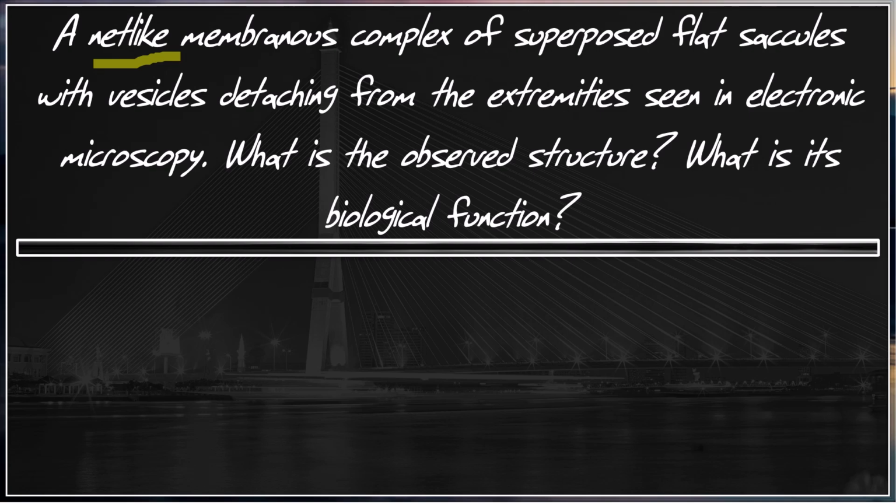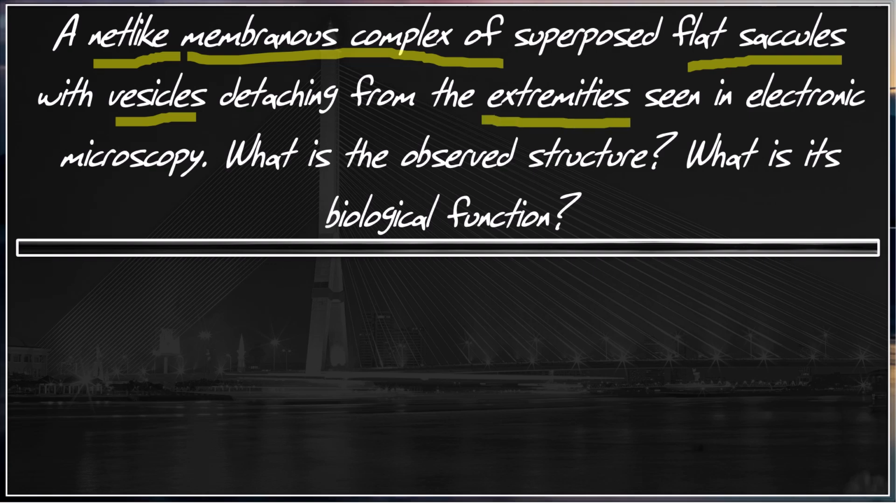A net-like membranous complex of superposed flat saccules, with vesicles detaching from the extremities, is seen in electron microscopy. What is the observed structure? What is its biological function?